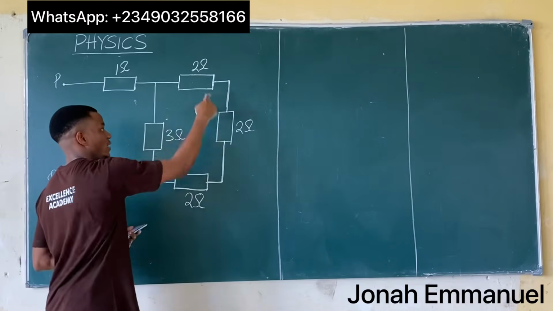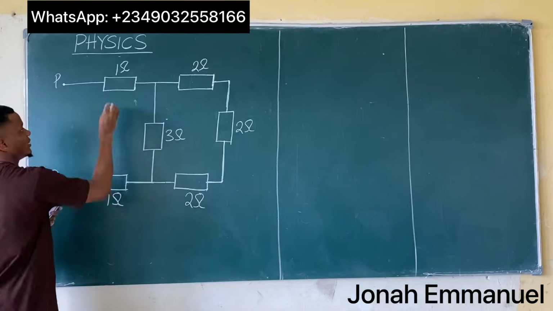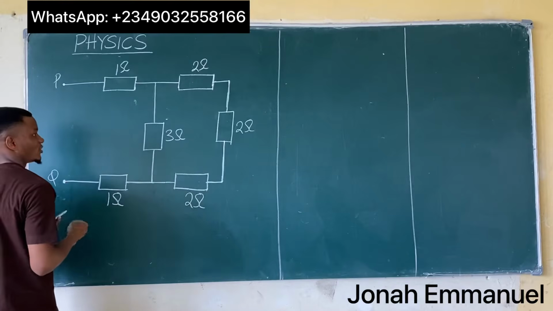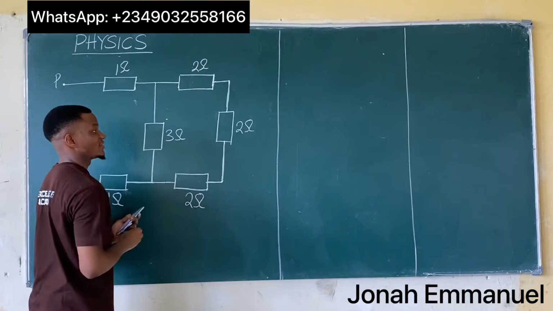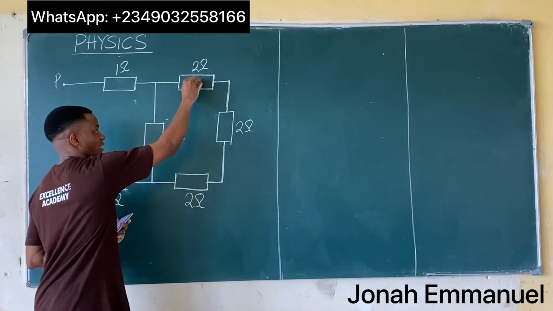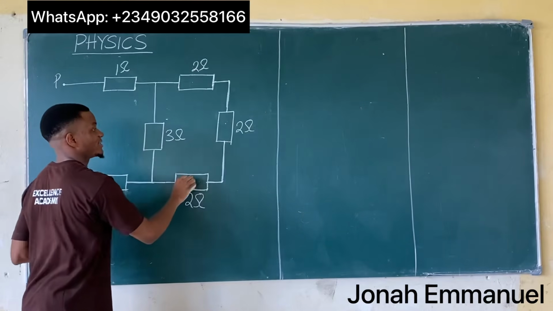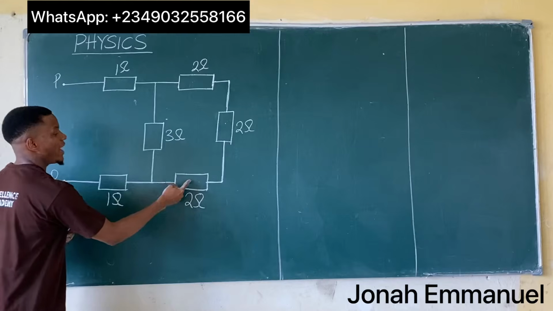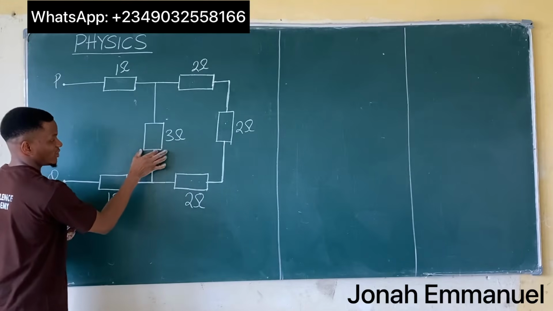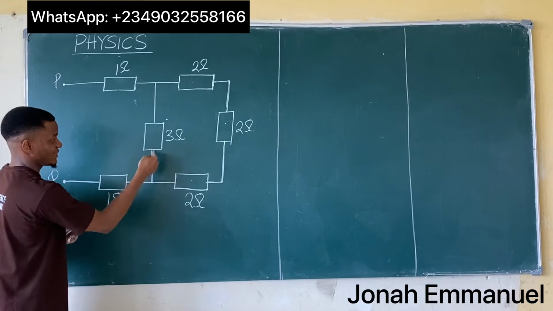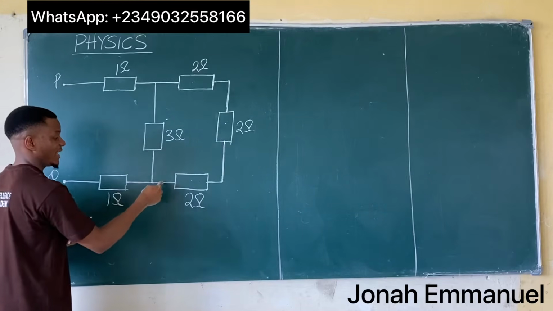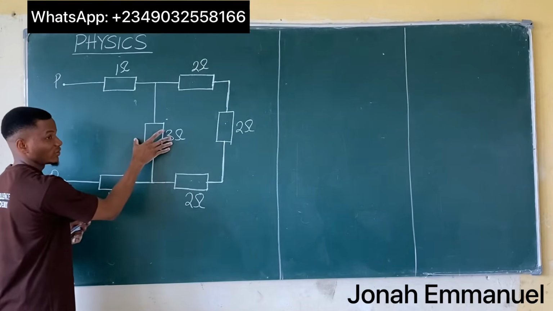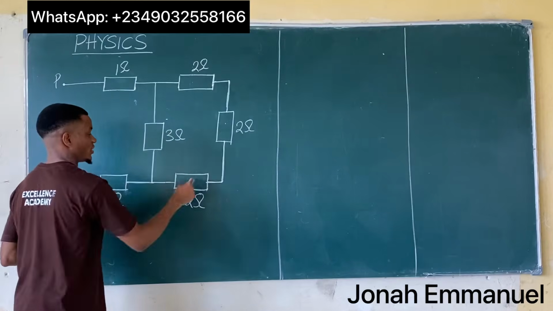So hence 1, 2, 3 are in series. So I'll now resolve this one, this one, this one in series. Now you may want to ask, why did I not involve this one? Well, this one is kind of complex, in the sense that the connection here branches to here and here. So we won't consider this one. Just take 1, 2, 3 in series.